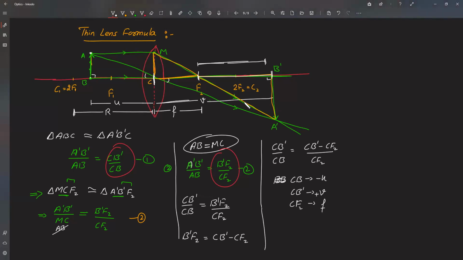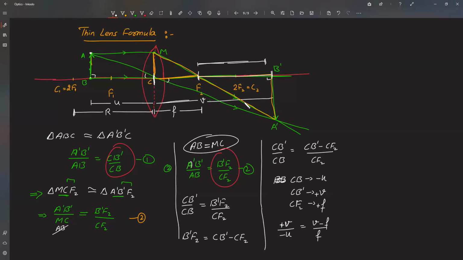So v and f will be plus and u will be negative. If you substitute this, what you will get is plus v divided by minus u, that is CB, is equal to CB dash, again v minus CF2, which is nothing but f, divided by f.